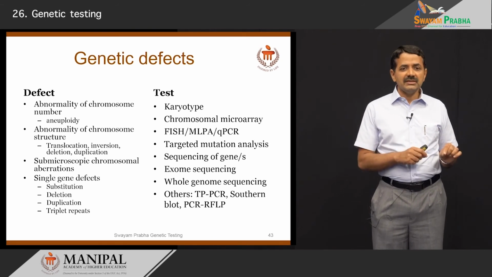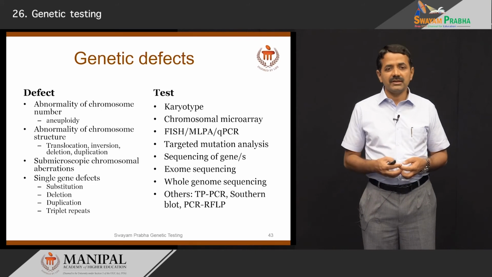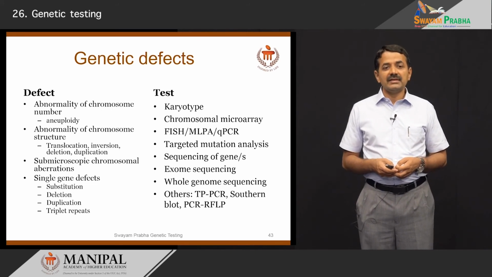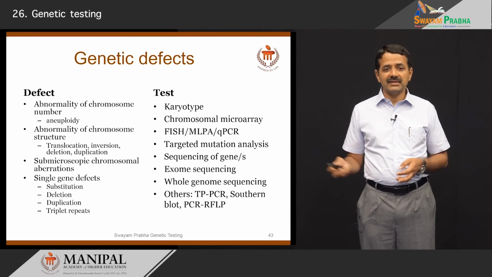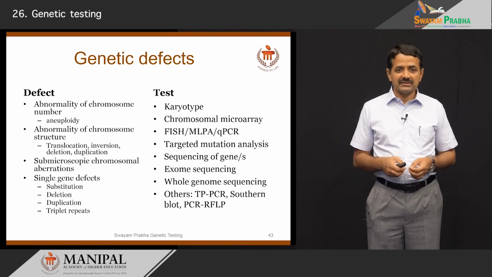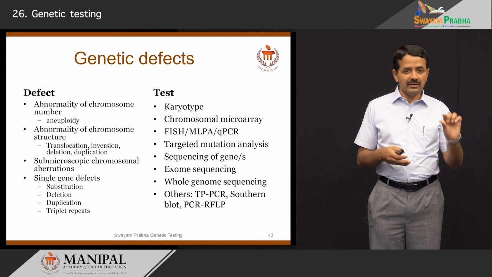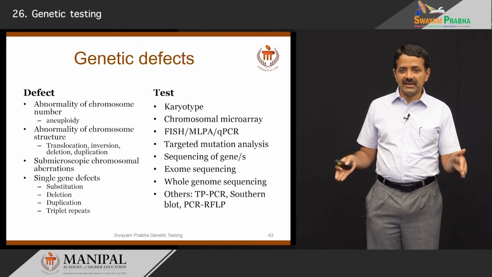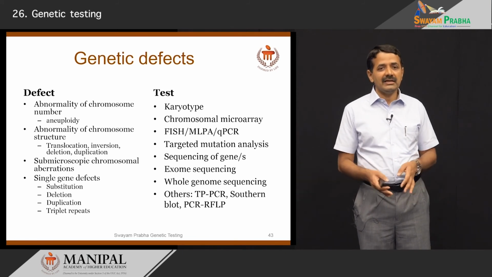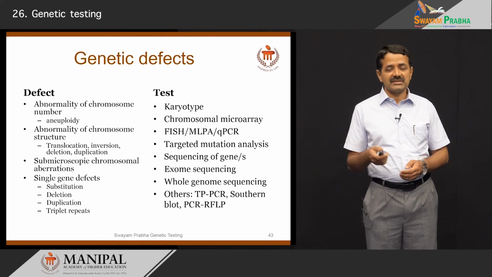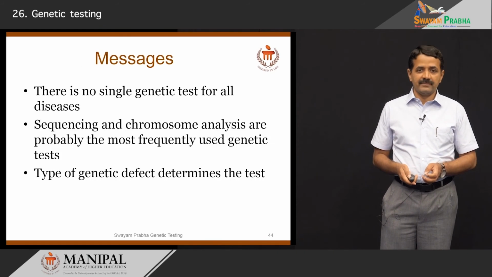If it is single gene disorders, targeted mutation analysis, submicroscopic deletions or duplications are picked up by chromosomal microarray better than any other test, and for other substitutions, deletions, duplication, it is usually by sequencing of a particular targeted region or the entire gene or whole exome or whole genome, and rarely TP-PCR, southern blot or PCR-RFLP is used for testing genetic diseases.